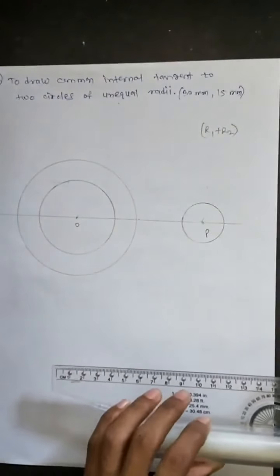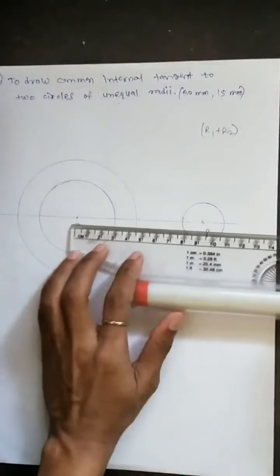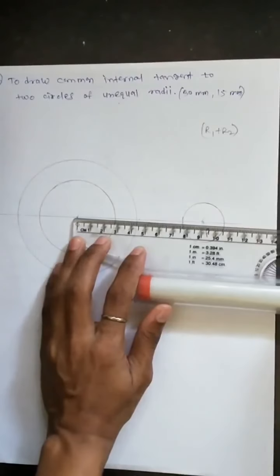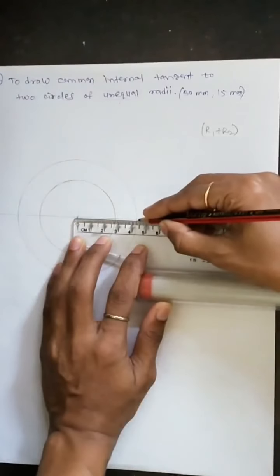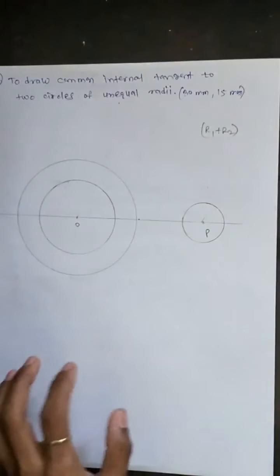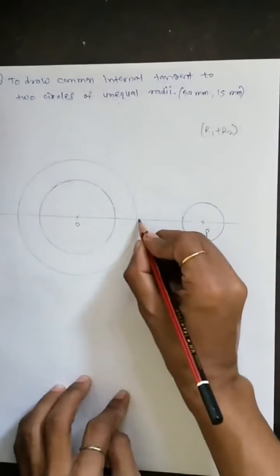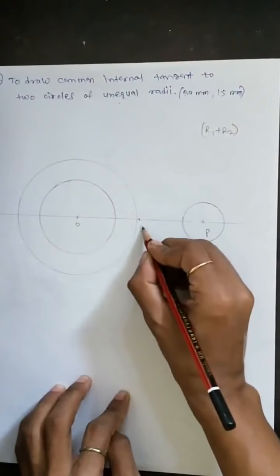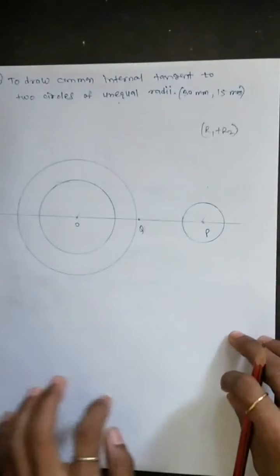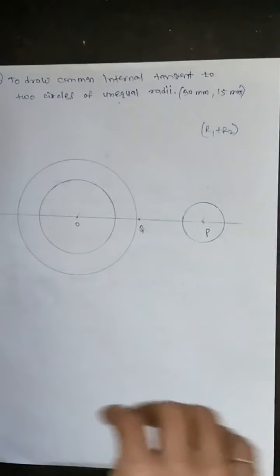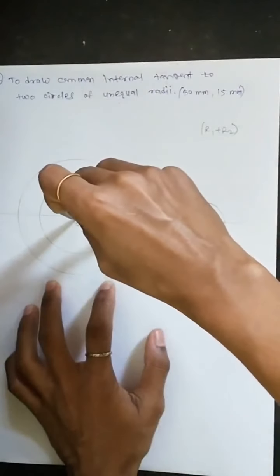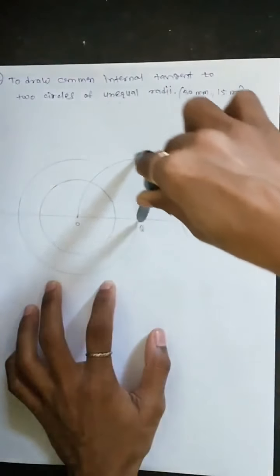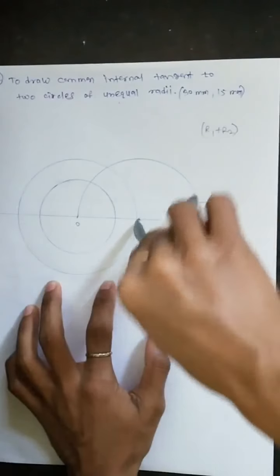Then take the center point of OQ. So OQ is 90 mm, so the center point is at a 45 mm distance, and give the name Q to this center point. Now taking OQ as radius, draw a semicircle.